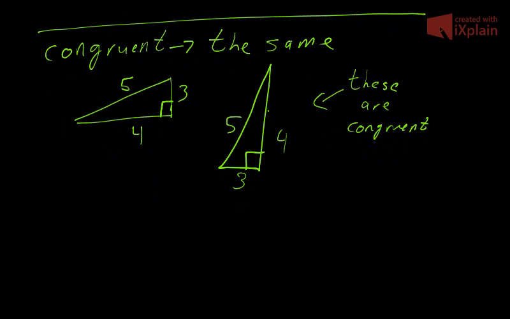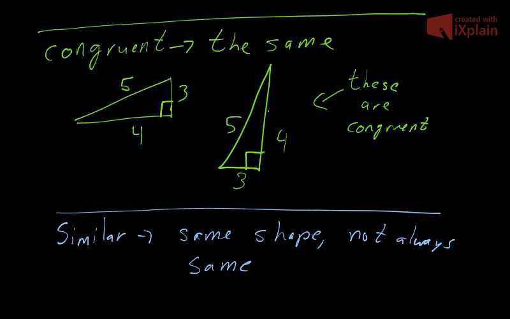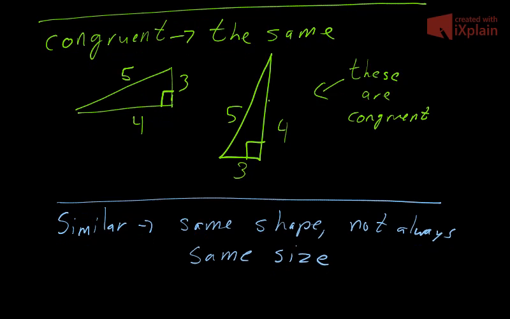Another word I'd like to use is going to be similar. So what does it mean to be similar? Similar means it's the same shape, but not always the same size. So let's go back to my triangle here.